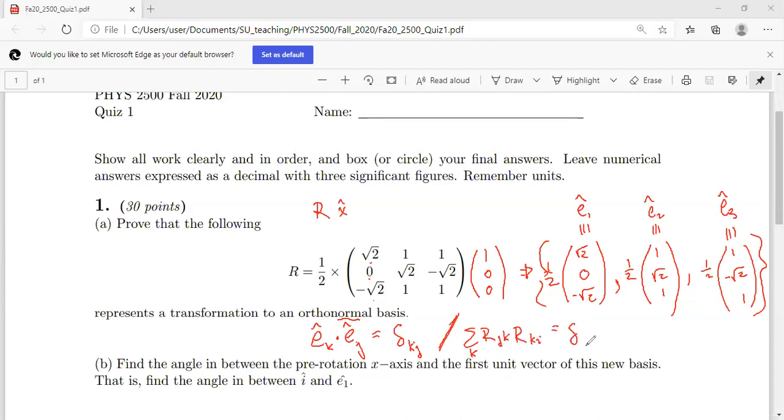And it turns out that every time I dot product one of these vectors with itself, I get 1, and every time I take the dot product of one of these vectors with a different one, I get 0. So it is an orthonormal basis. Any questions about that?